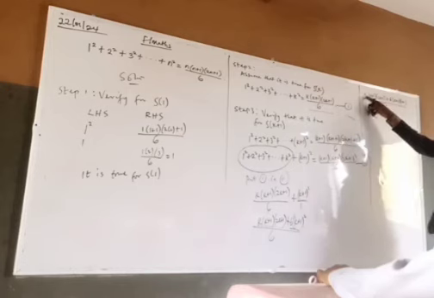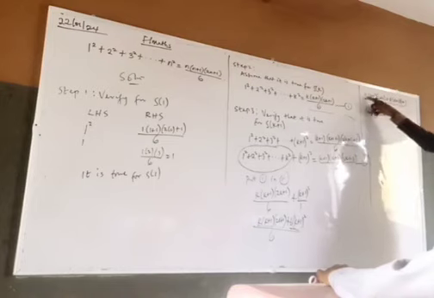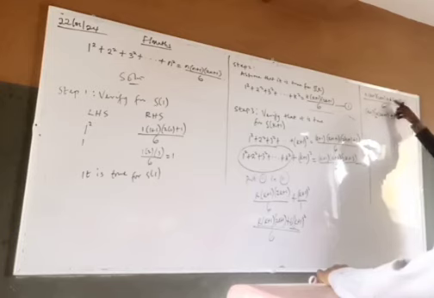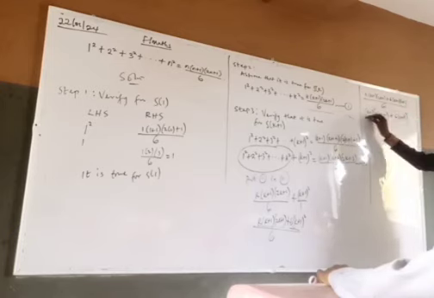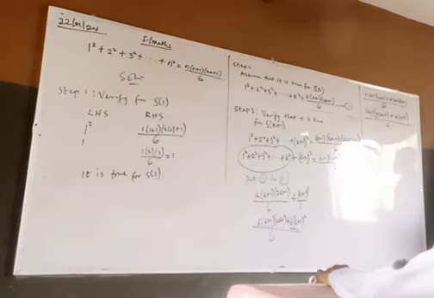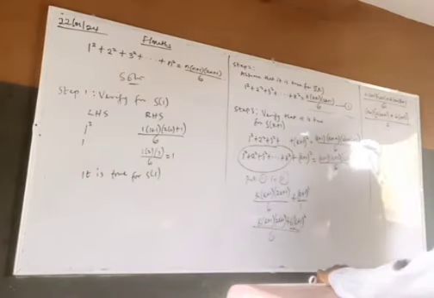If you factor out k plus 1 here, we are left with k into 2k plus 1, plus 6 into k plus 1, everything over 6. Is that correct? Are we together?